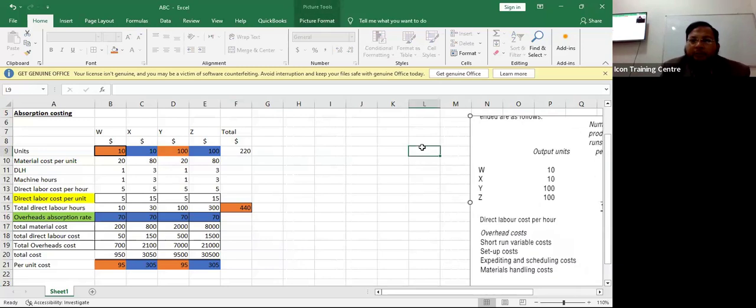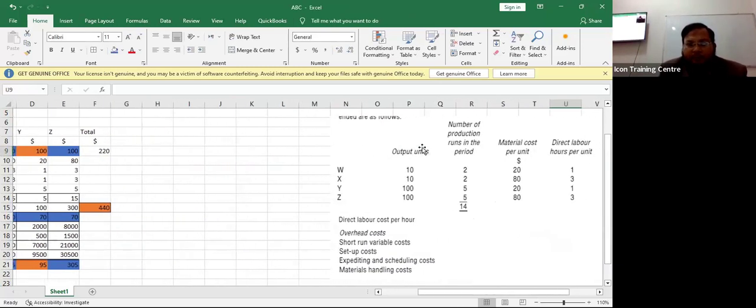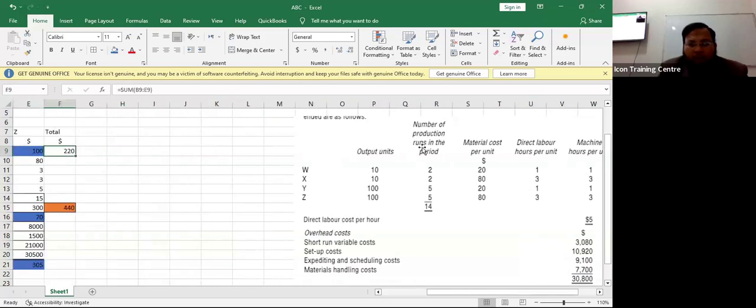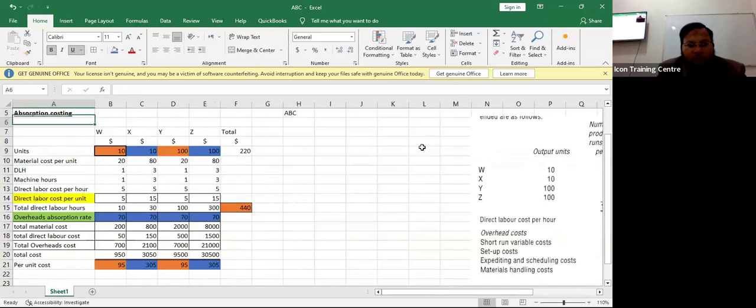Now, let us move to ABC costing so that we can understand it better. And then finally, we will compare absorption costing with ABC, inshallah, right? If you talk about ABC costing, the first portion, material and direct labor cost, is exactly the same. There is no change in that.